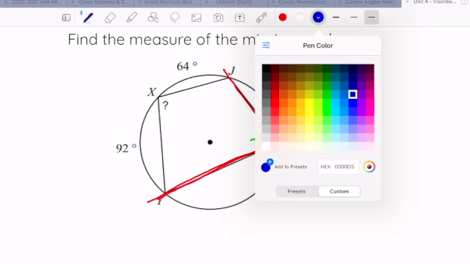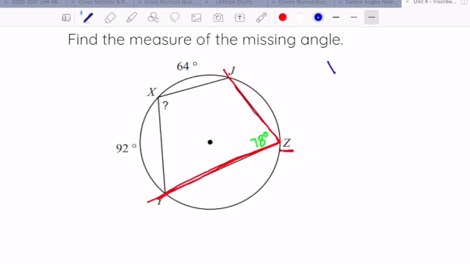They should add to give me 180. So X plus Z equals 180. I'm going to substitute the information that I have, angle Z. So X plus 78 equals 180. And from here, I'm just going to solve for X.